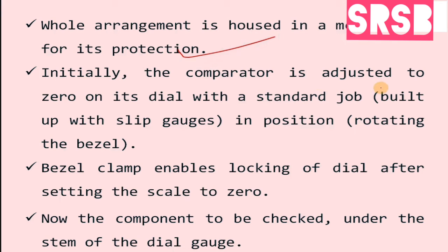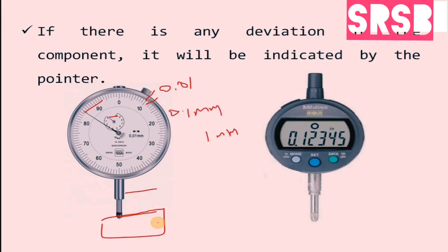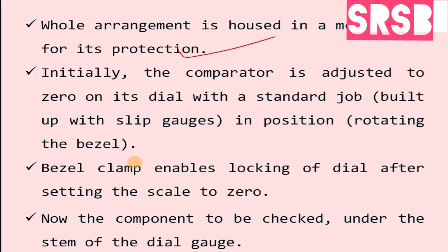Initially, the comparator is adjusted to 0 on its dial with the standard job. When you start the work, the comparator is first set to 0 with the support of the standard specimen, built up with slip gauges, and corrected with the dial. Then we use it to check the components. With the slip gauges in position, rotate the bezel.